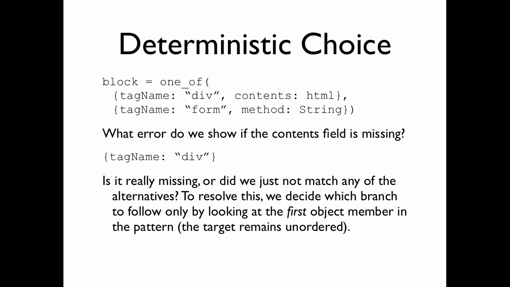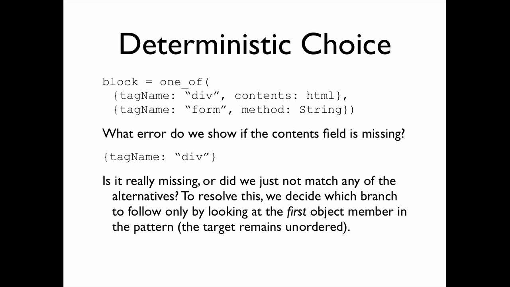Well, is the contents field missing, or does that tell us we were just looking at the wrong case? Is the fact that the contents field is expected part of dispatching the case? It's hard to figure out what kind of error message to show in that case. Should we tell them missing contents? Should we tell them expected one of these cases and spit out all this garbage?